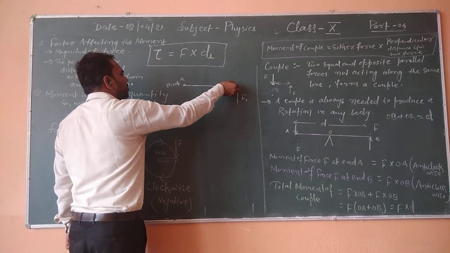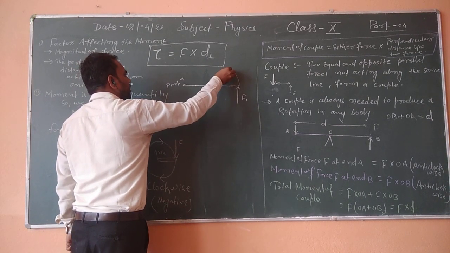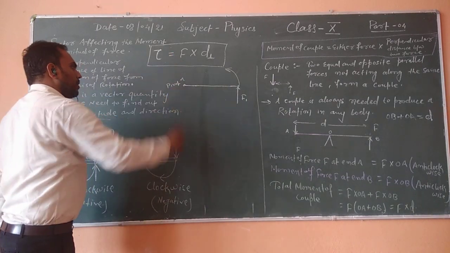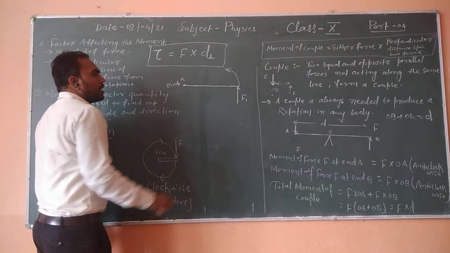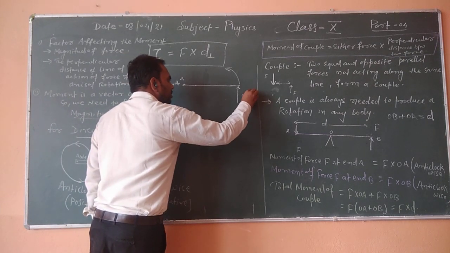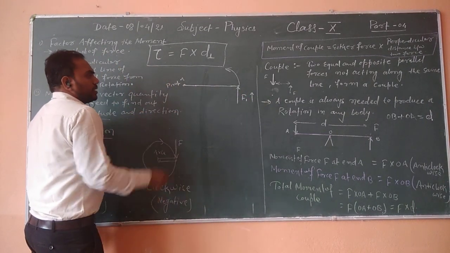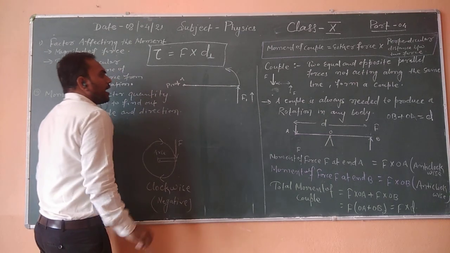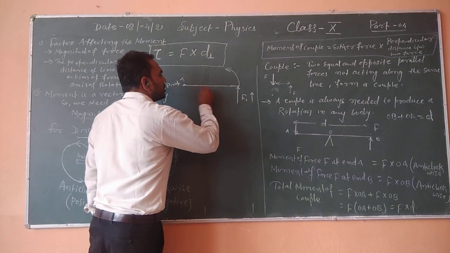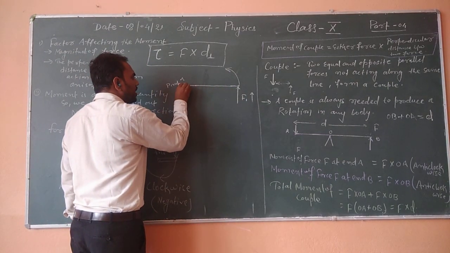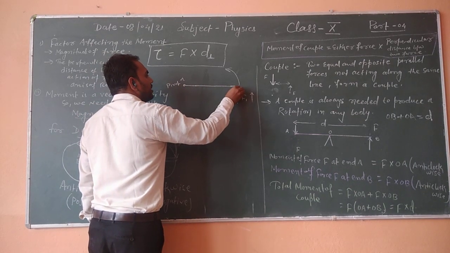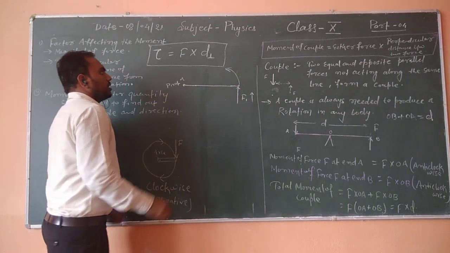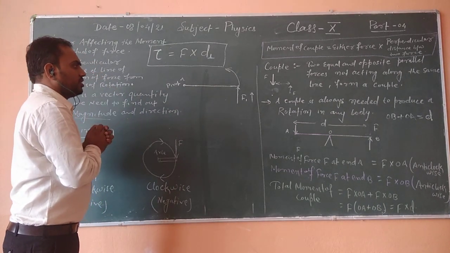The object will rotate in this direction, because I am applying force in such a direction. If we increase the force, then the moment will increase, and if we increase the distance between the pivot point and the line of action of force, the moment will also increase.